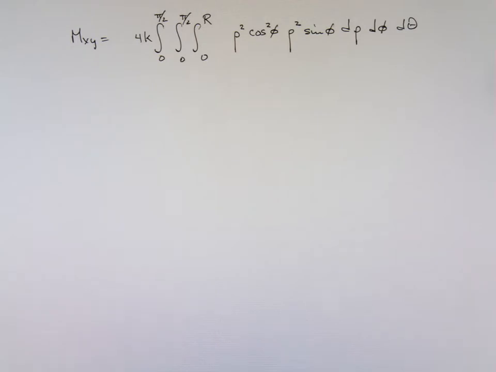And if you do kz to the n and let n go to infinity, what would we get for the center of mass of that limit? Suppose we had a density function kz to the n, and then we let n go to infinity.